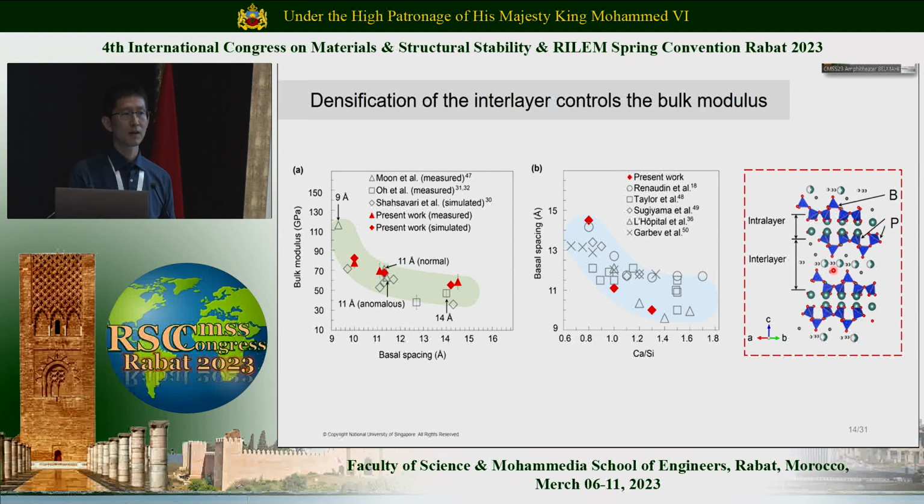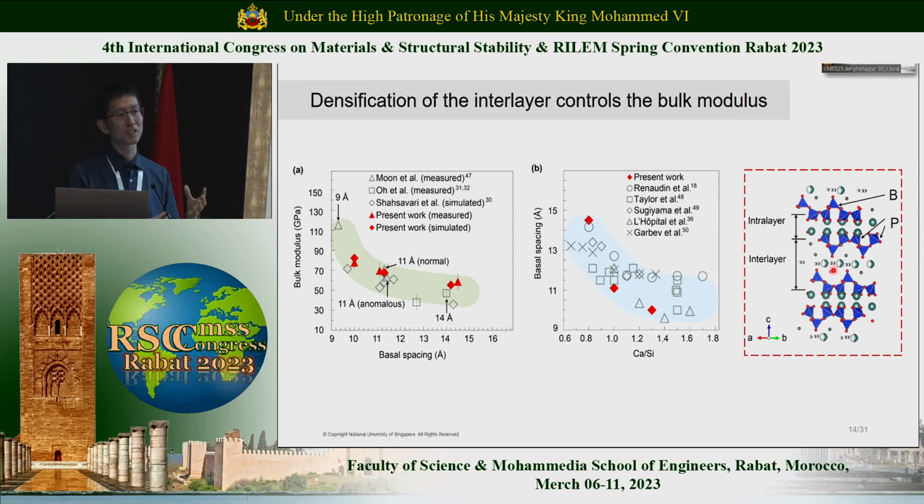and we realized one important issue is that in many models, they did not use an interlayer spacing based on experimental value. Instead, they use, let's say, Monte Carlo simulation or molecular dynamic simulation to determine the most ideal interlayer spacing. But we know that the interlayer spacing of CSH is not constant.